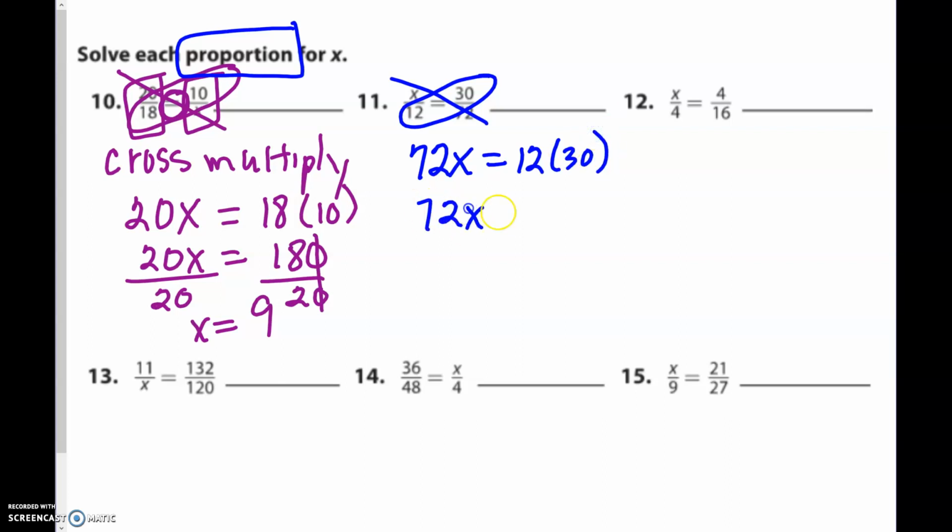So 72x equals, and then go ahead and grab your calculator and take 12 times 30, and we get 360. Now we're going to divide both sides by 72. So 360 divided by 72, so x is 5.